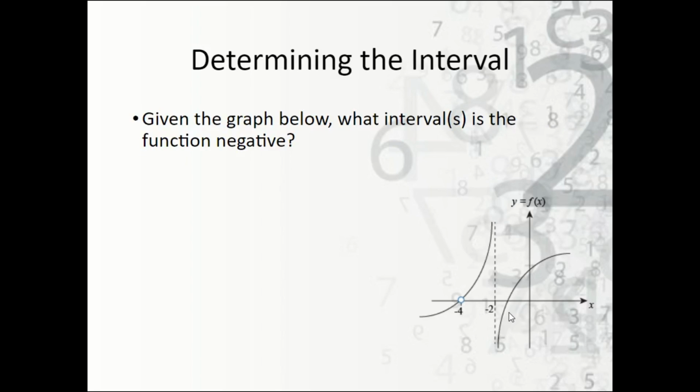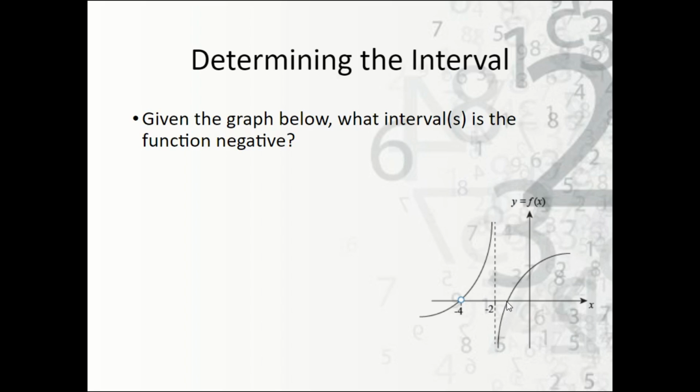Well, if we look at this graph here, we have a graph where it is negative here all the way from negative infinity all the way up until it gets to negative 4. And then it becomes positive after that. Now, over on this side, we have it being negative from negative 2 all the way until this point here. We'll call it negative 1.